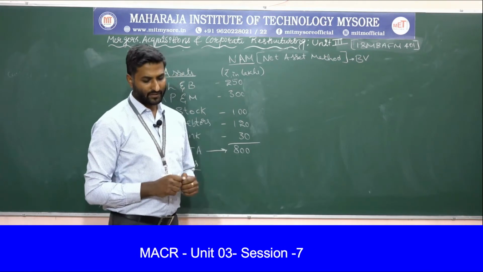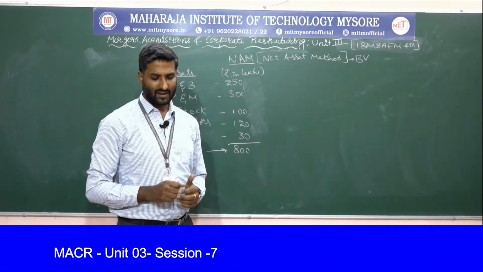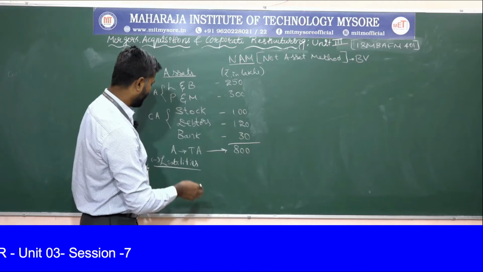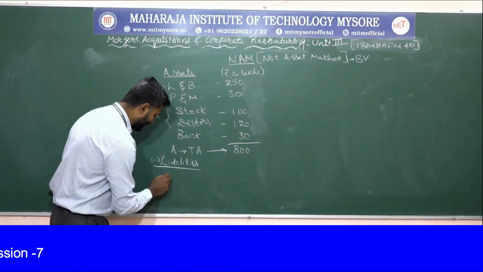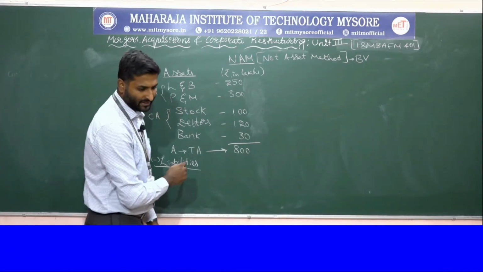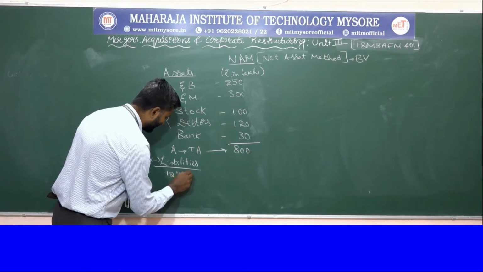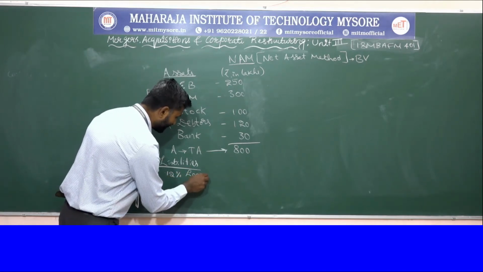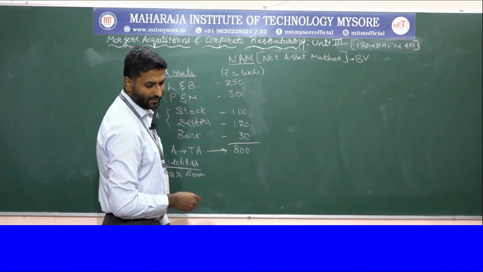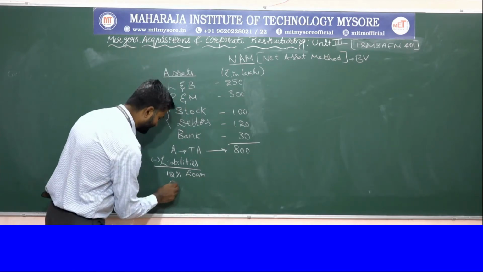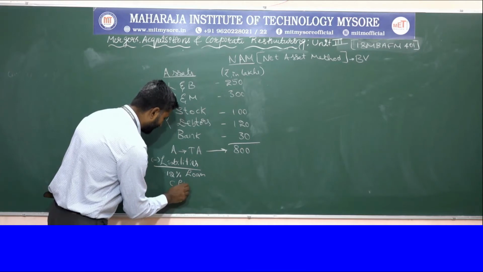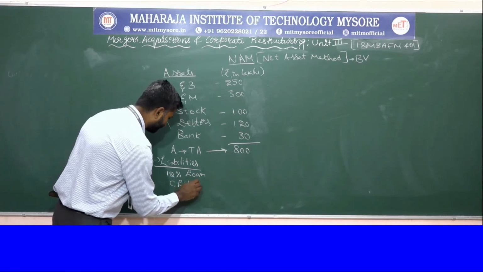Here you have to consider only the external liabilities. As per the problem, we have a 12% loan, which needs to be reimbursed, and the second one is the current liabilities.